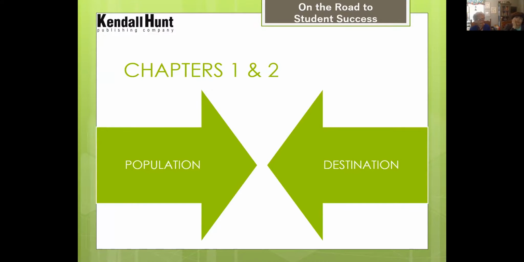So we have put together a conversation around lesson planning that focuses on some alliterative words that we think work together as a frame.